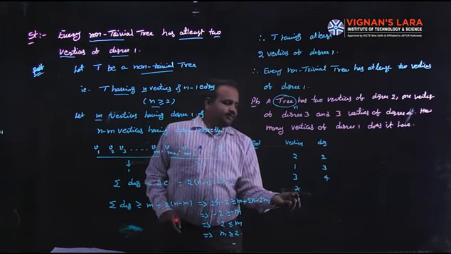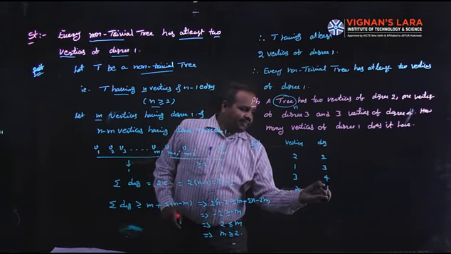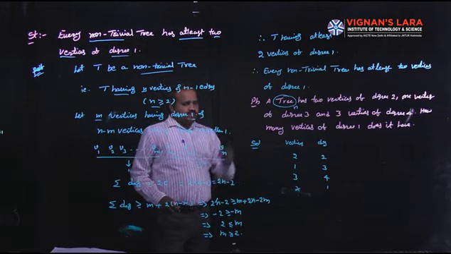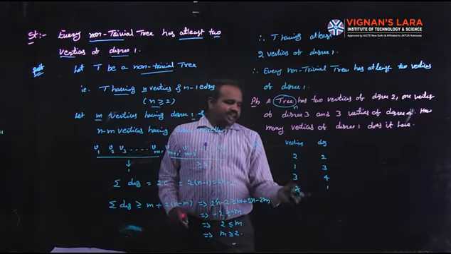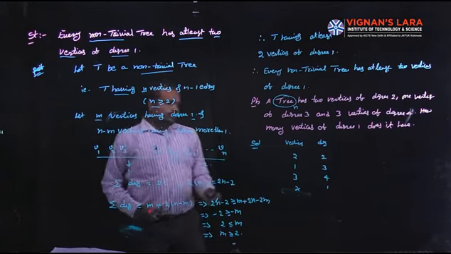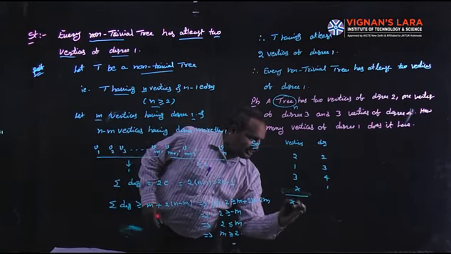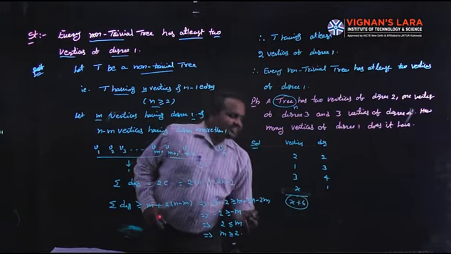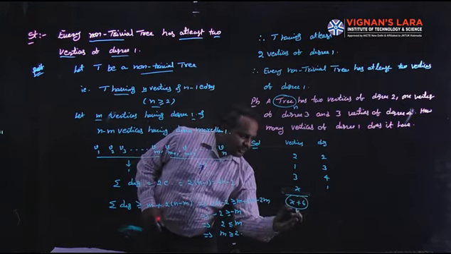So let the number of vertices having degree 1 be x. So the total number of vertices is x plus 6, which is equal to n.